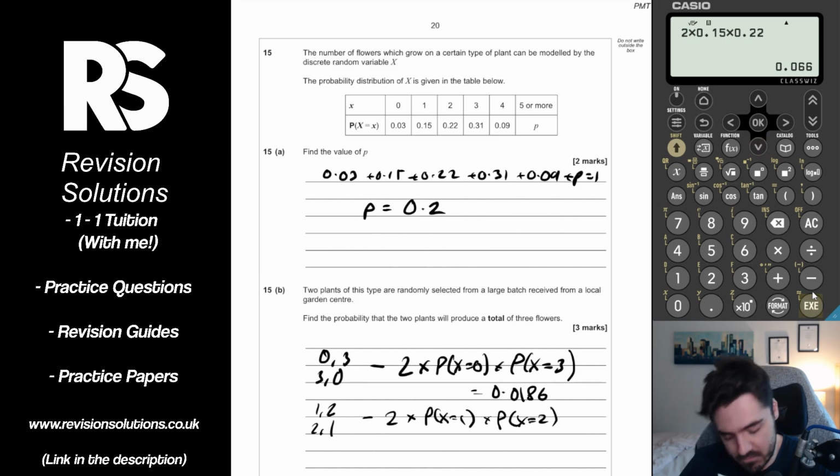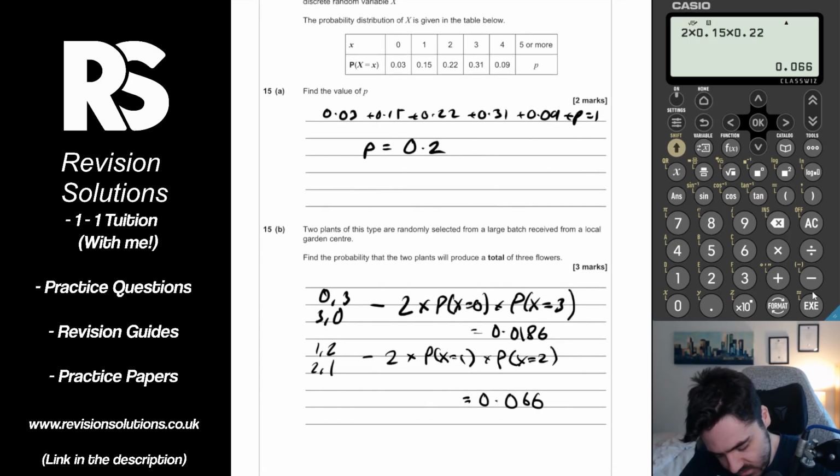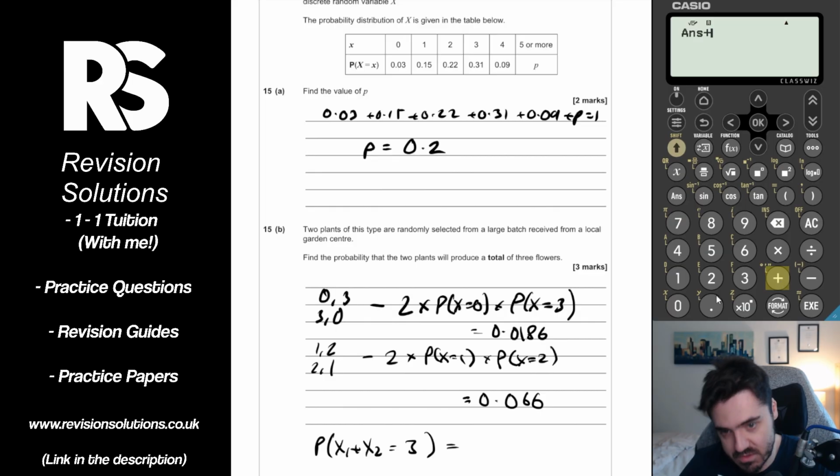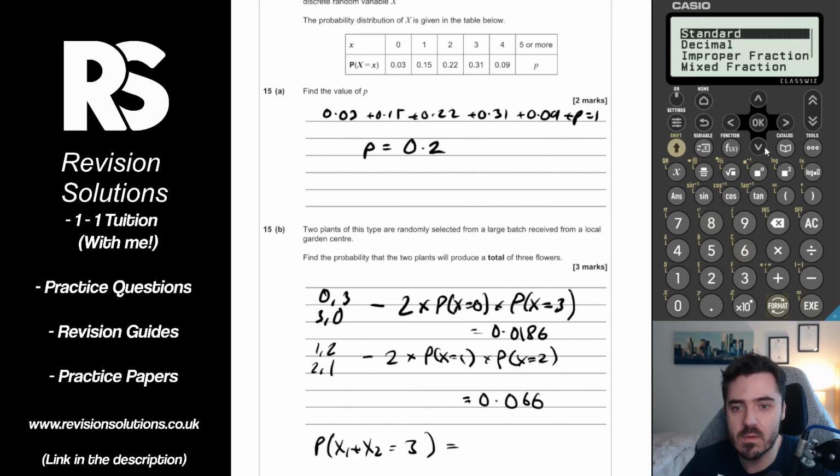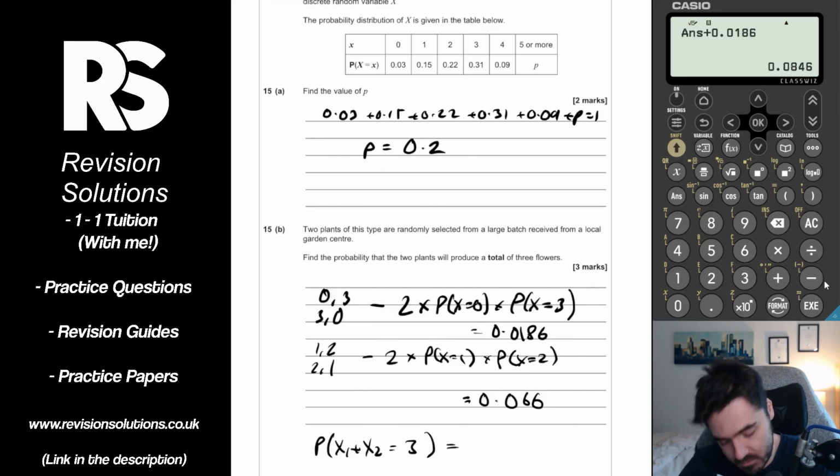As a decimal, that is 0.066. So the total probability that x1 plus x2, the 2 plants we get, equals 3 is just those 2 added up: 0.066 plus the 0.0186 we got earlier, which is 0.0846.